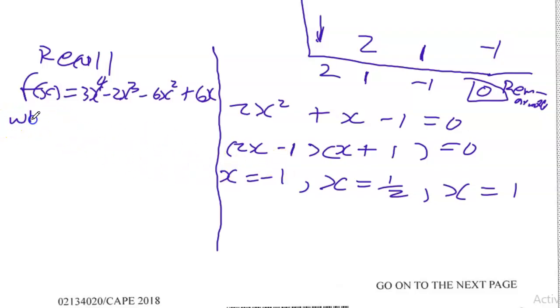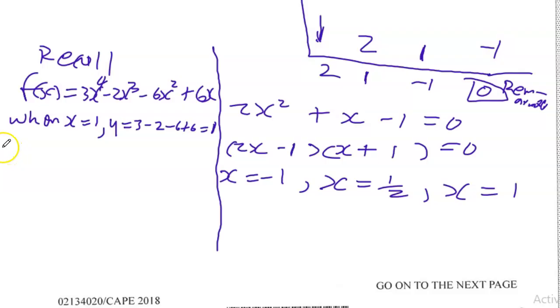When x equals 1, y, the same thing we call f of x, is 3 minus 2 minus 6 plus 1, which is minus 4.